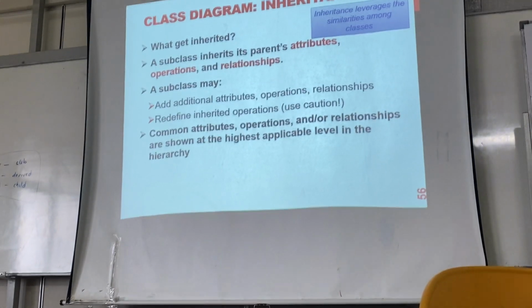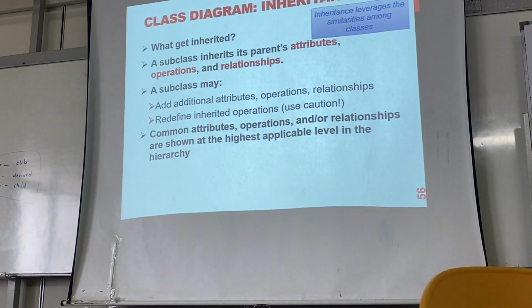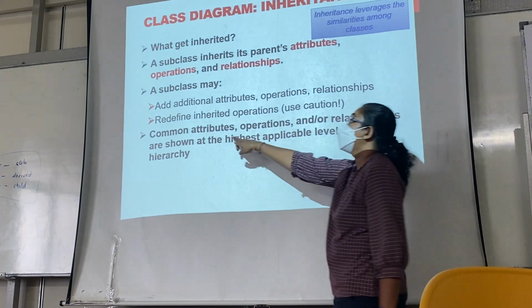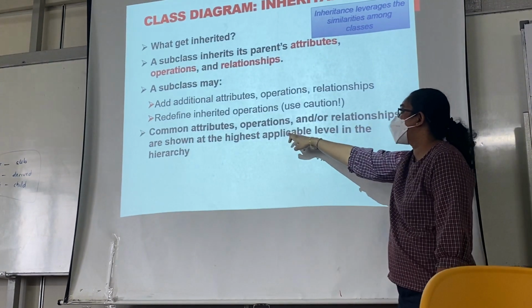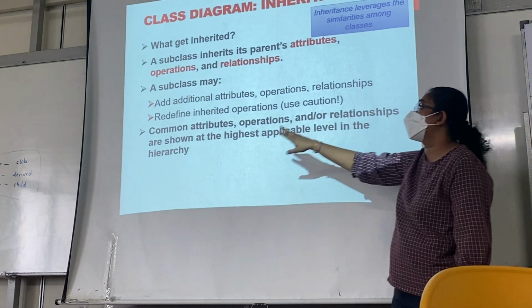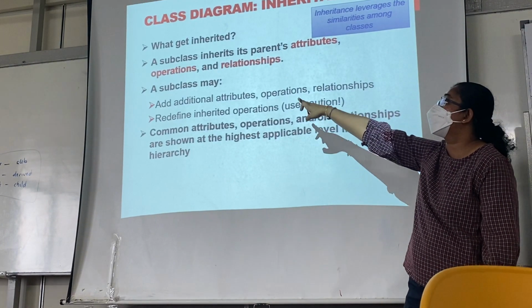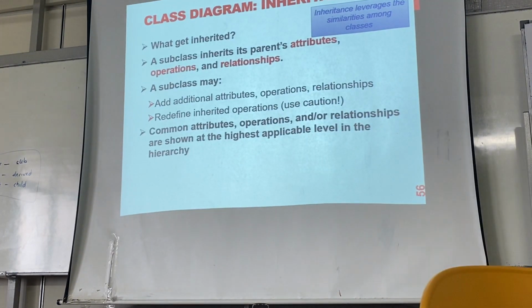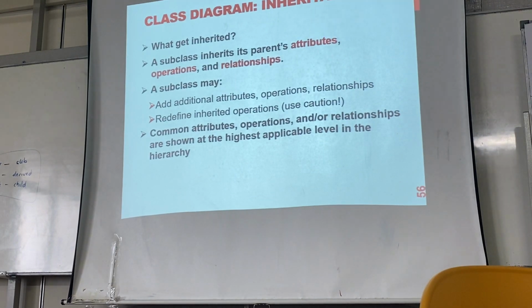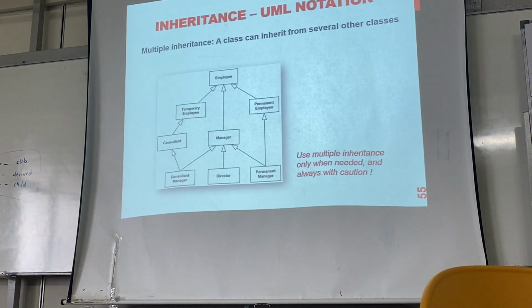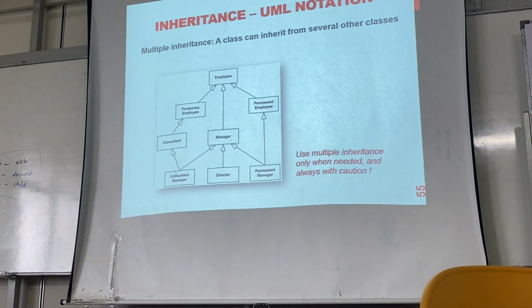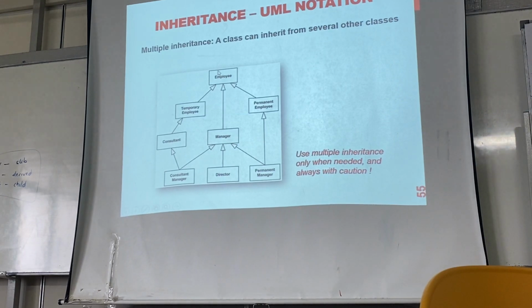Here, what can be inherited? What are the things that can be inherited? Attributes, operations, and relationships are shown in the highest applicable level in the hierarchy. So usually the subclass, right? Here, when you have so many levels, this is the bottom level and this is the top level.